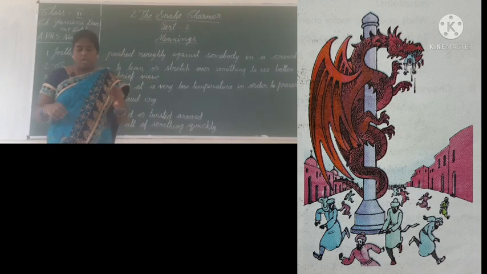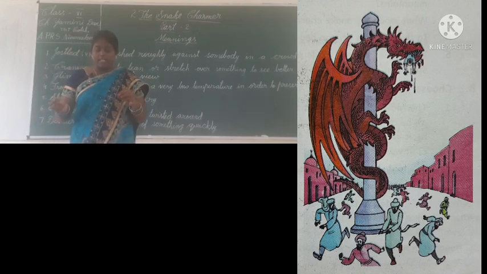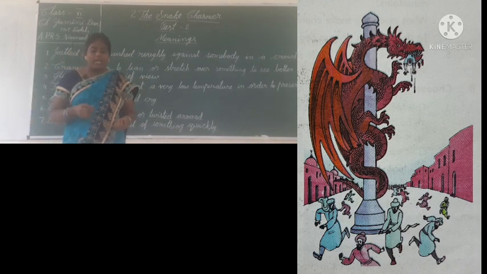Okay, the mighty serpent-like looking dragon. It looks like a serpent, but mighty. Serpent means here snake, a snake kind of animal. The mighty serpent-like looking dragon entwined itself around a pillar.